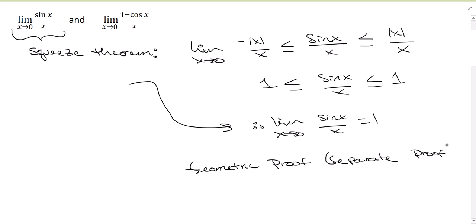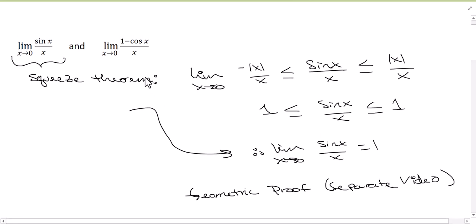It involves the triangle inside a unit circle. It will be a separate video, and it will be optional for you to watch. It's a really fun proof to do, and it also reviews a lot of the trig that you may have forgotten. So it might be nice to watch, but know that you won't be responsible for it.